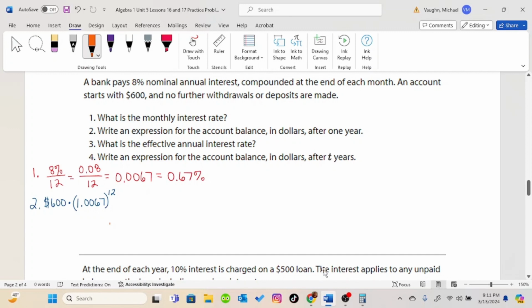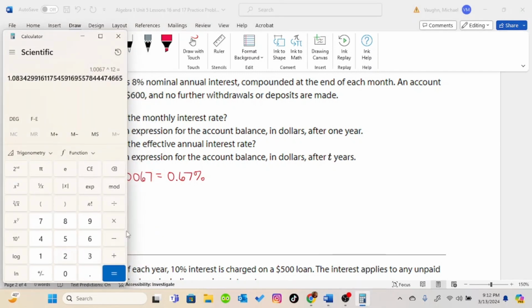Number 3, what is the effective annual interest rate? To find this, we're going to take 1.0067 to the power of 12. And now we get 1.083.